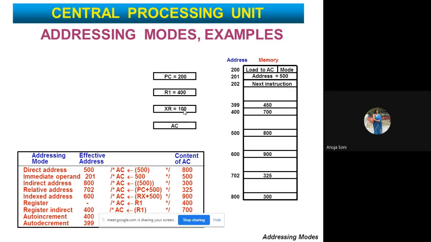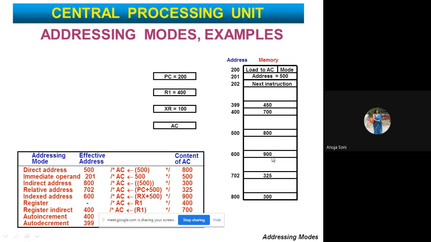So the final effective address in index register mode becomes 500 plus 100, 600, which will work as your final effective address. Now you need to go through all these addresses to find the value 600. At this point you get 600. Now whichever value is there in the respective word, that value will work as the final value of the operand. Now you got 900.